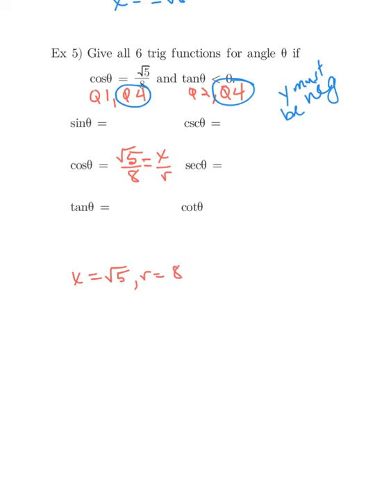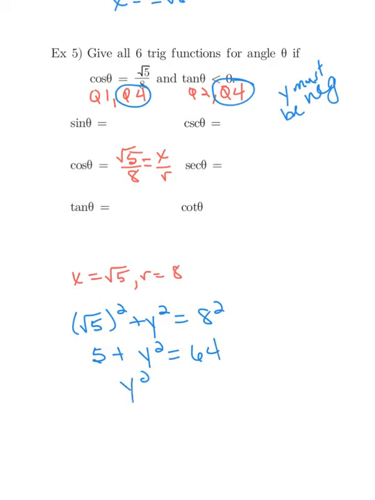Coming back down to what we know so far, we know x and we know r, so we need to do the Pythagorean theorem to find y. X, square root of 5 squared plus y squared has to equal r, which is 8 squared. Square root of 5 squared is 5, plus y squared. 8 squared is 64.